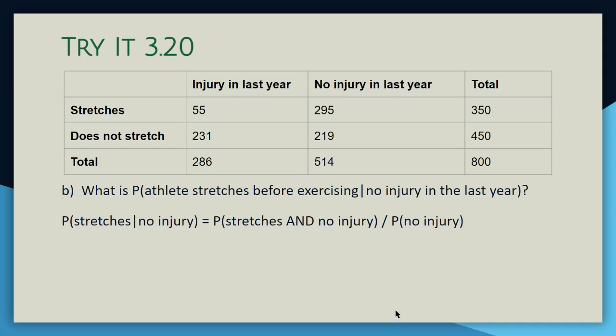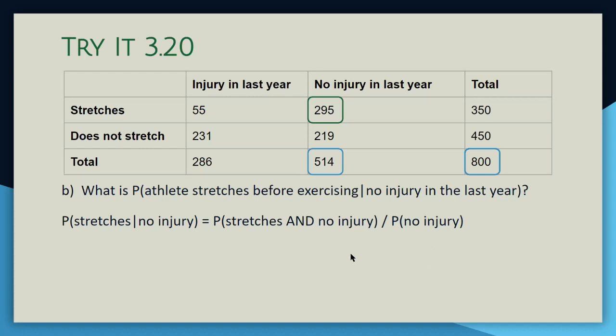We know P(stretches given no injury) should be P(stretches and no injury) divided by P(no injury). Stretches and no injury is where that row and column intersect. So 295 people sampled stretched and had no injury out of 800.